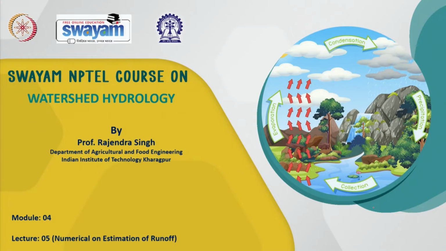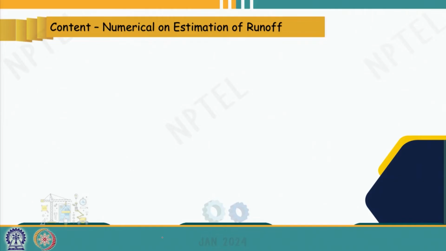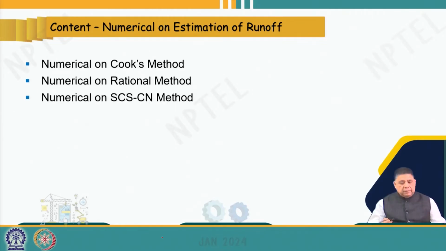We are in module 4, this is lecture 5, the last lecture of this module, and here we will take up numericals on estimation of runoff. In the previous few lectures we have been discussing various methods of estimating runoff, and we discussed Cook's method, rational method, SCS-Curve Number method, and of course we did take numerical examples while discussing these methods.